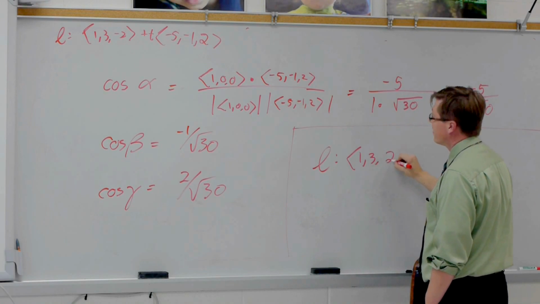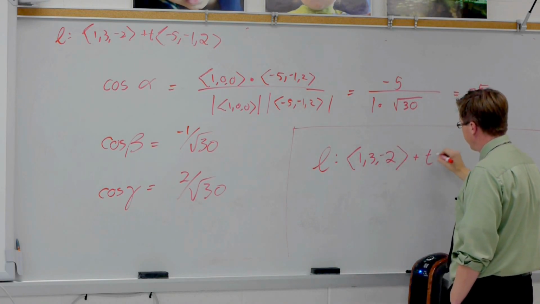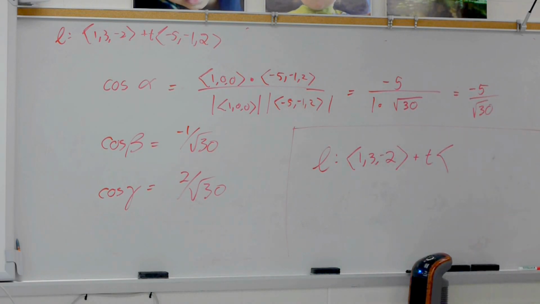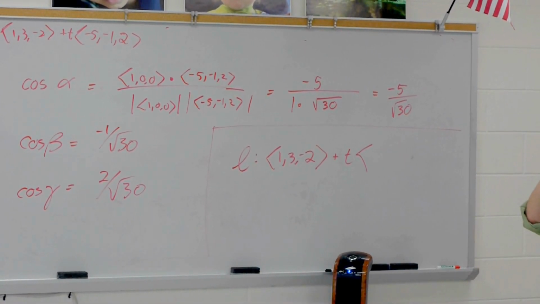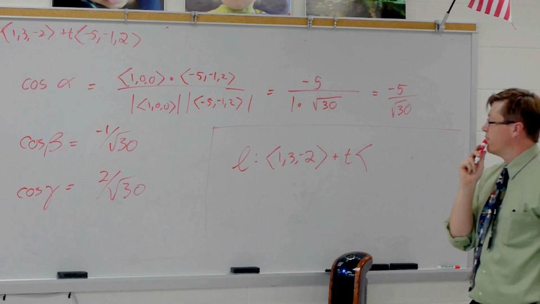Okay, so I'm about to say something that might be really stupid. If you have the cosine of alpha equals -5 over root 30, is that like adjacent over hypotenuse? Is the hypotenuse root 30, and then that's x?